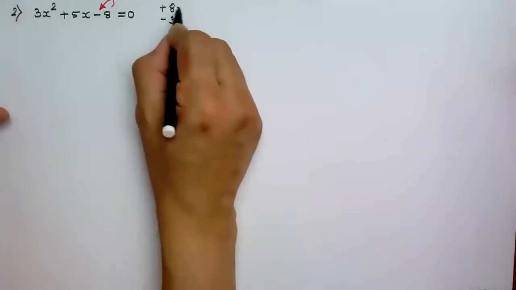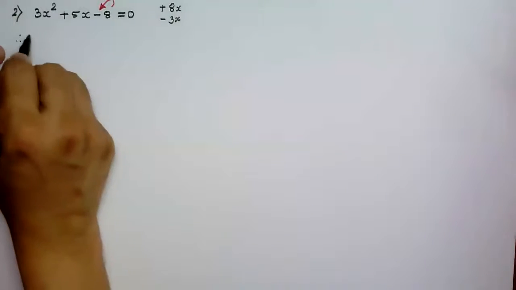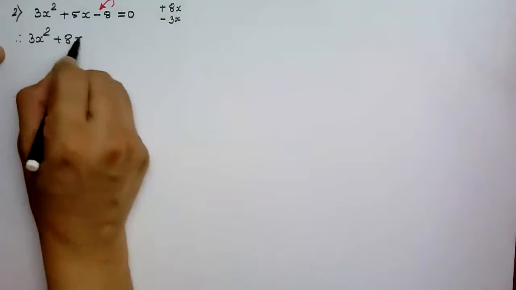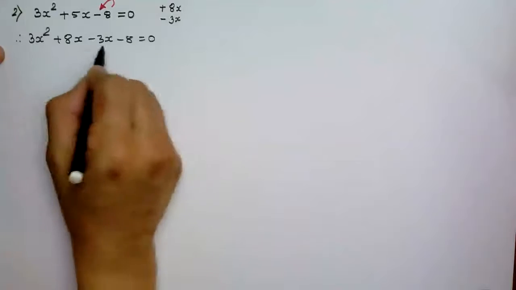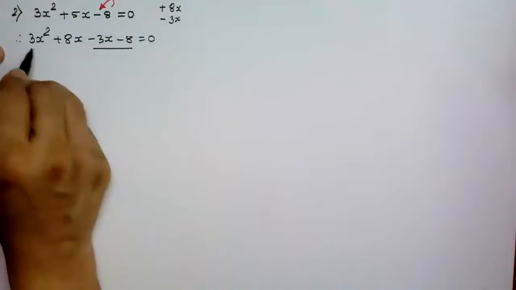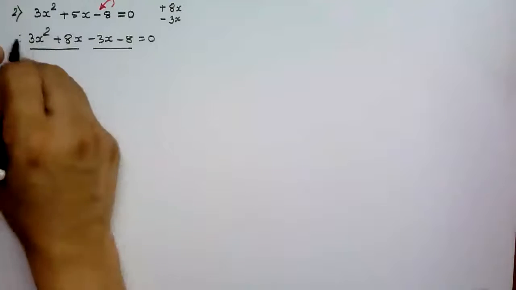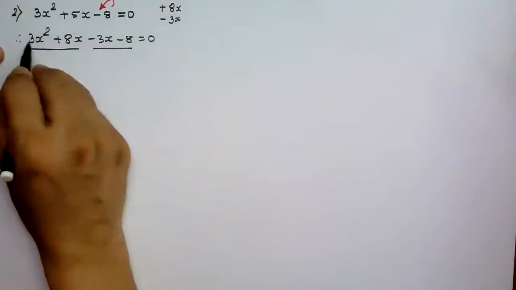Apply this. So I have 3x squared plus 8x minus 3x minus 8 is equal to 0. Prepare two pairs. Try to take something common. 3 3s are 9. So 8 will not come in the table of 3.